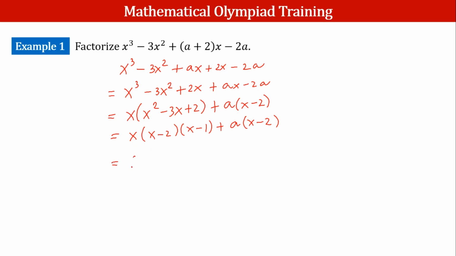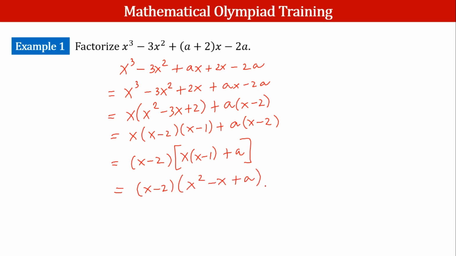So we have x minus 2 times x minus 1 plus a. Now let us expand x times x minus 1. So we have x squared minus x plus a. Alright, so this is now our final answer.